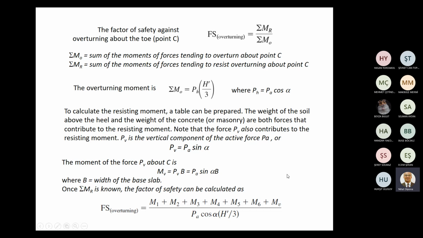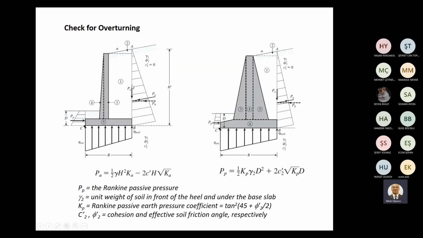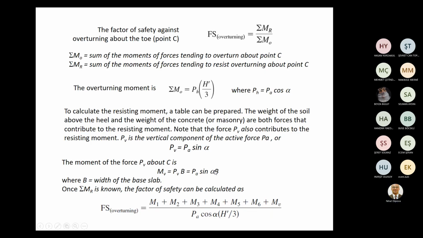The weight of the soil above the heel and the weight of the concrete, or masonry, for example, are both forces that contribute to the resisting moment. Note that the vertical force Pv also contributes to the resisting moments. I mean, this is the vertical component of PA, and it's equal to PA sine alpha.